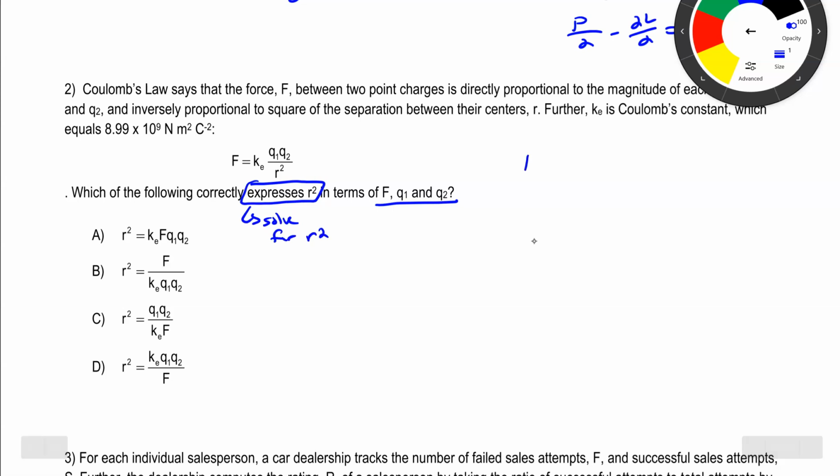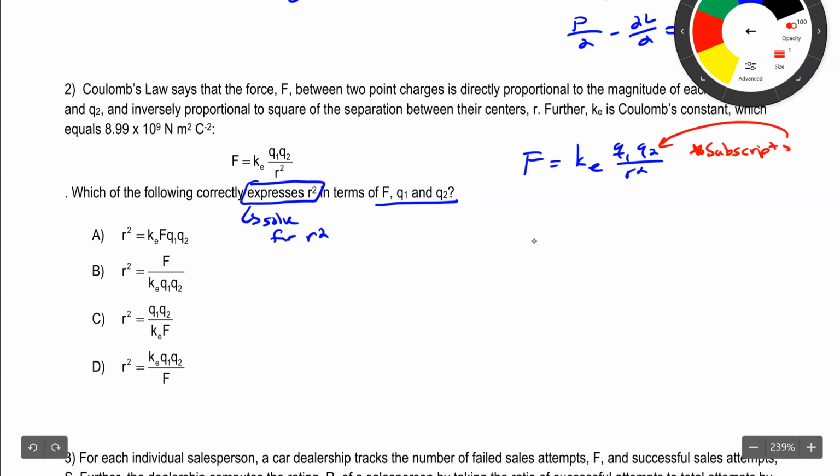So if we have to start, F equals k_e q1 q2 over r squared. Now, do realize that subscripts, which are like these little numbers down here, are not like exponents at all, okay?